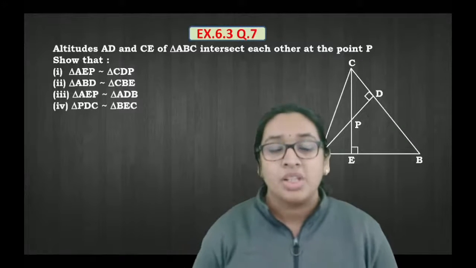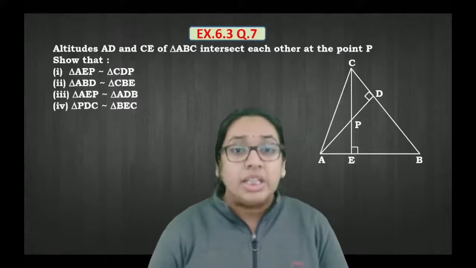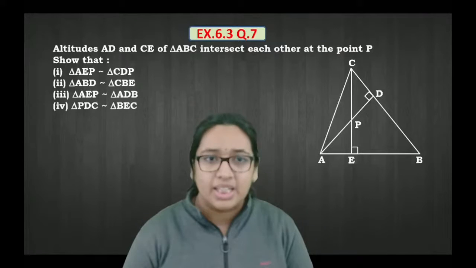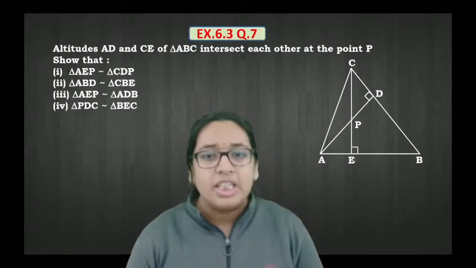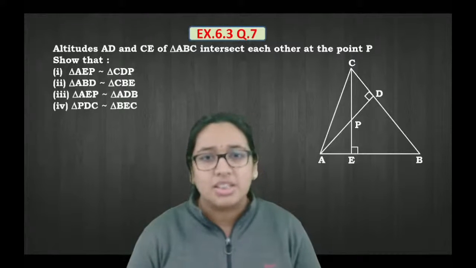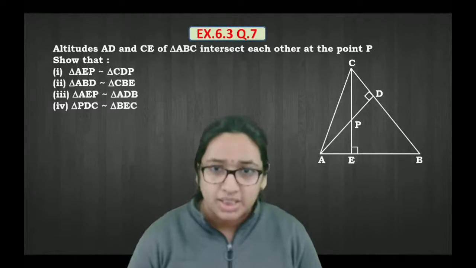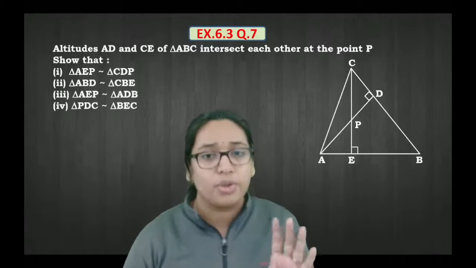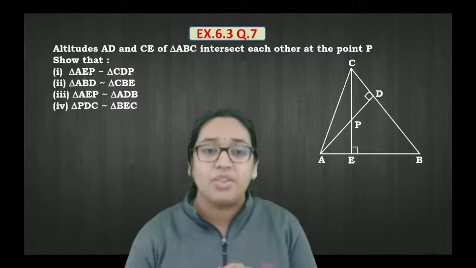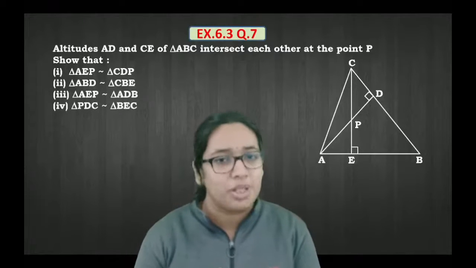Fine. So our question is: altitudes AD and CE of triangle ABC intersect each other at the point P. Then what we have to show? We have four pairs of triangles and we have to show the similarity between them.